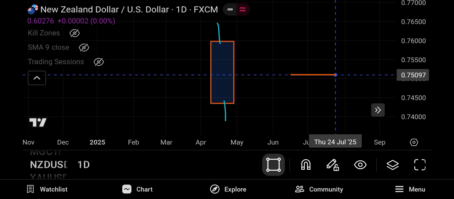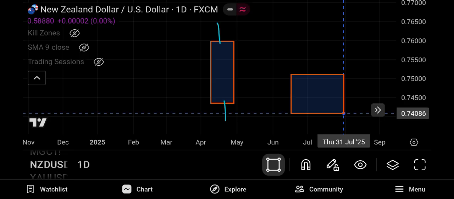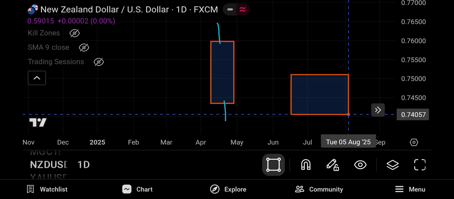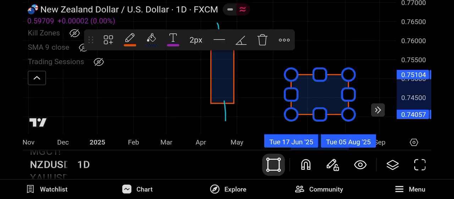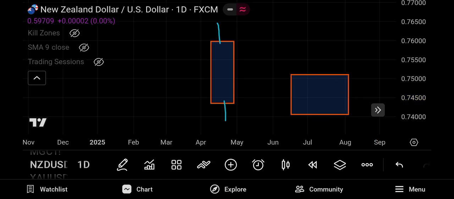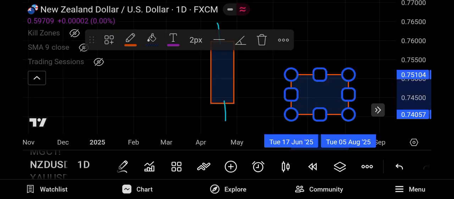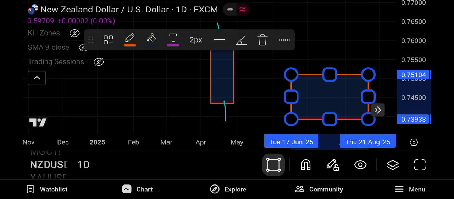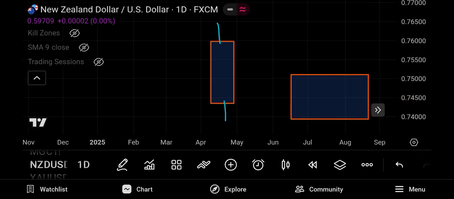When the candle comes down like this, this is its opening. Stay with me. When it comes below its opening and closes, it's a bearish candle. When I say bearish candle, it means the candle is going down. This is the opening of the candle. When it closes below its opening, it is a bearish candle.